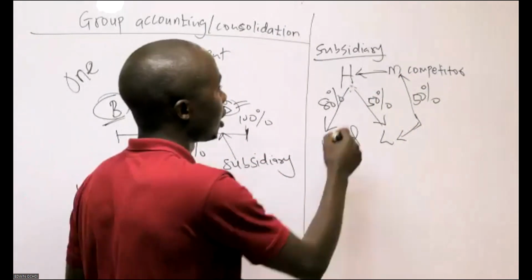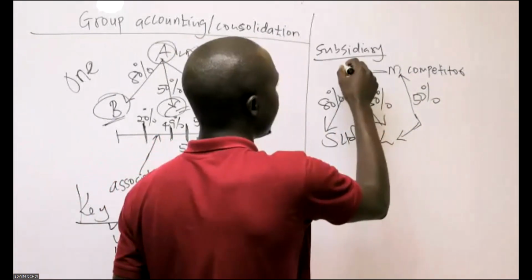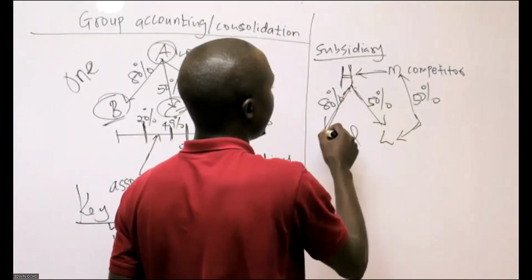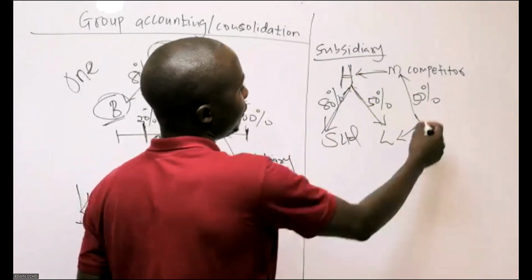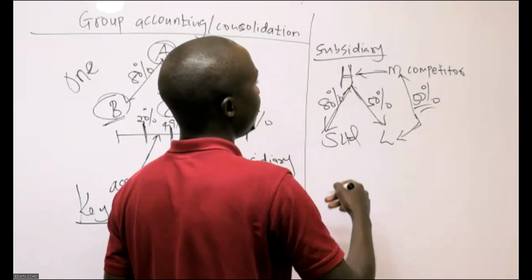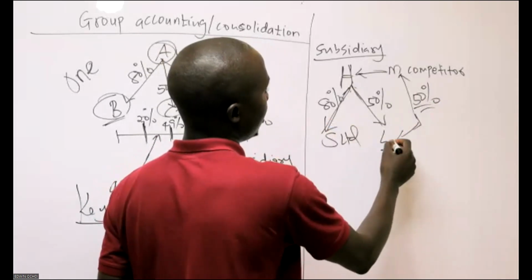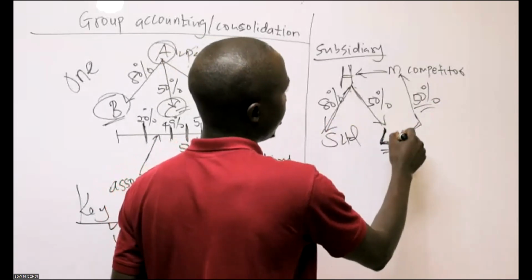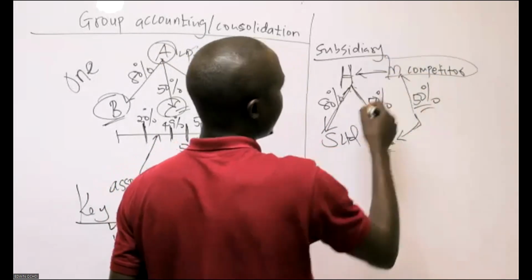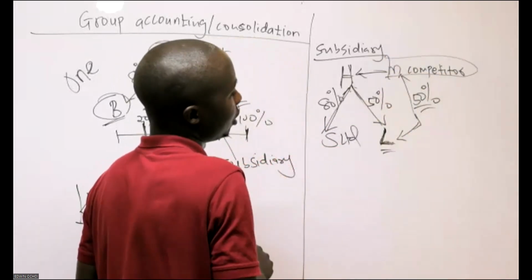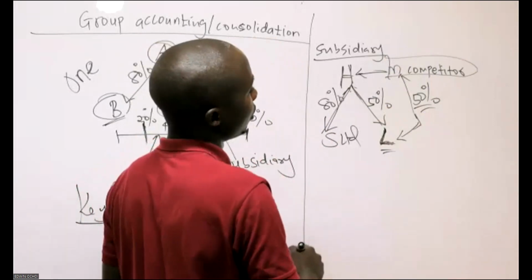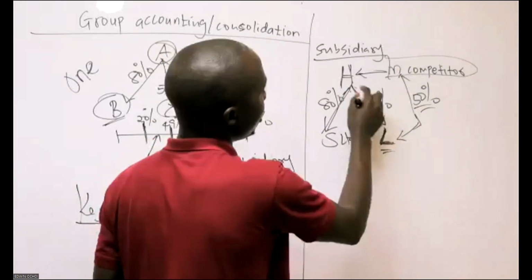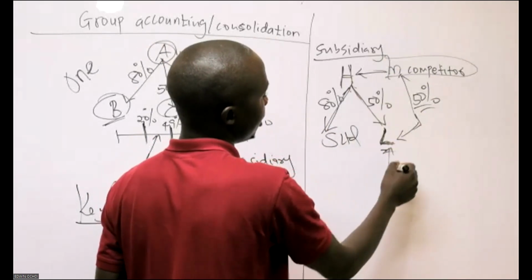But according to our question, currently we know that the parent is who? The parent is H. So it had acquired S and L. It's only that now they are trying to be more specific that the other 50% in L is controlled by a competitor, which is M. Now, what I need to conclude is, how will L be treated?